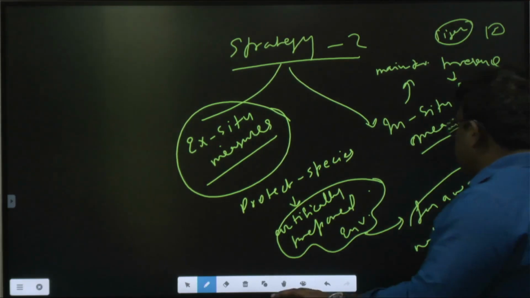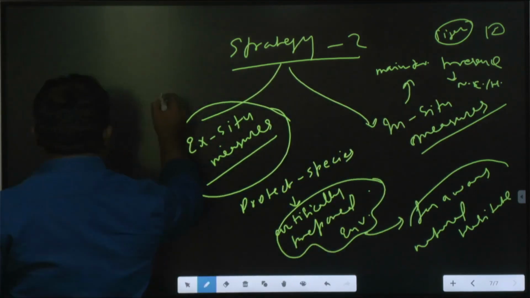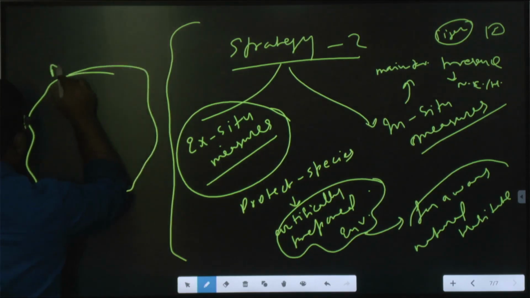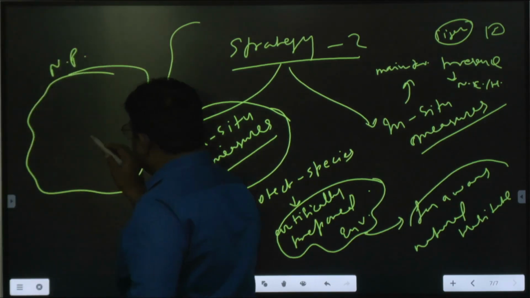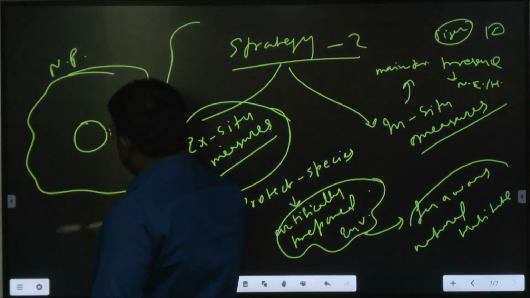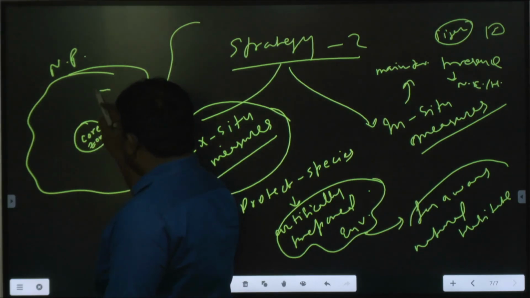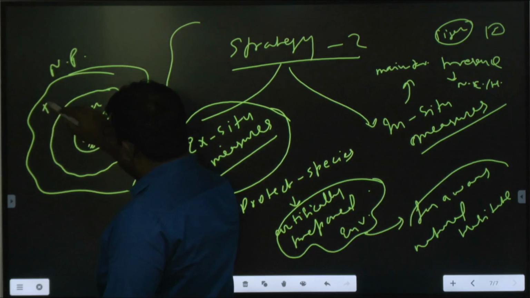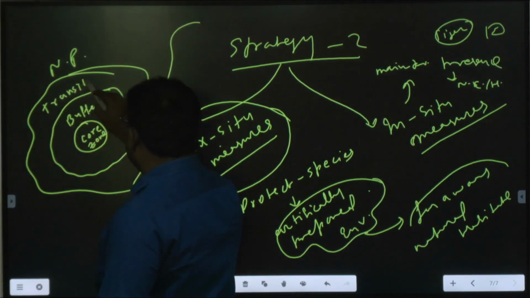The entire structure of national park is divided into core zone, buffer zone, and transition zone.